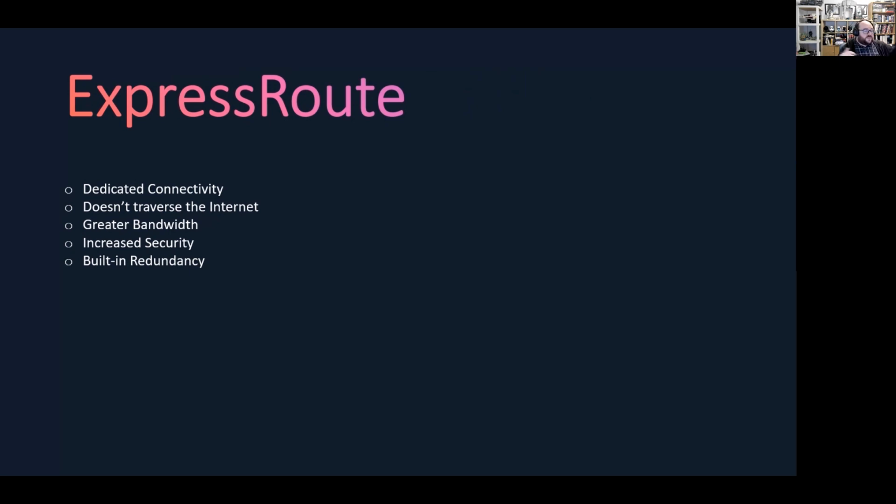You're then using Microsoft's backbone network to talk across the world effectively. That's a system called Global Reach, and it's a way of connecting distributed offices to each other without going over the public internet. So it's another way of increasing security for your on-premises networks by utilizing some of the offerings from Azure.